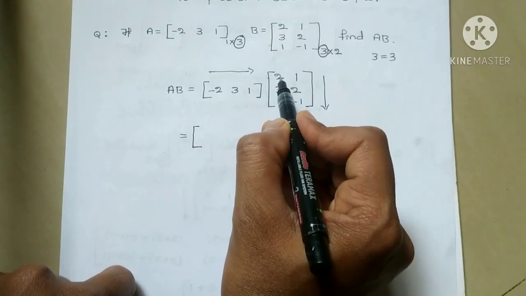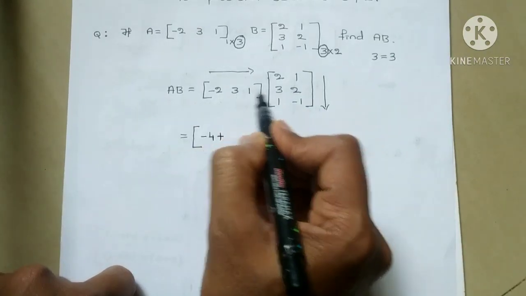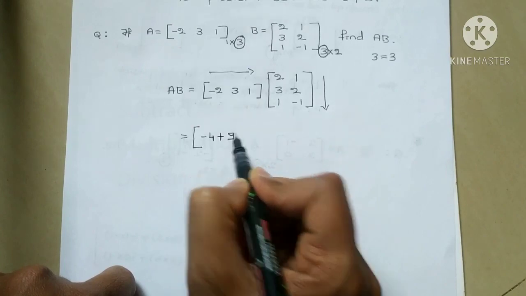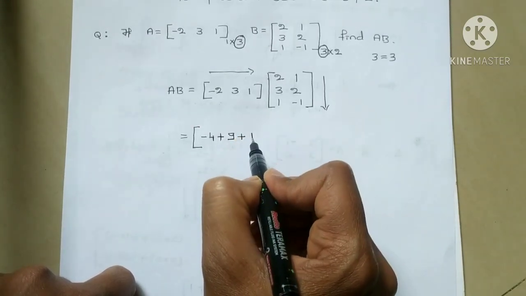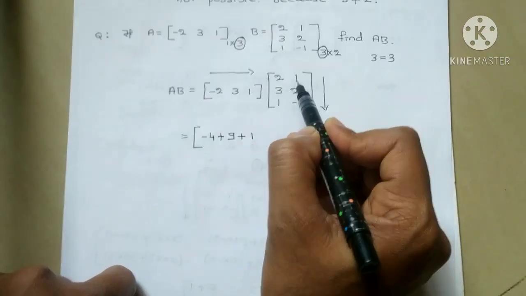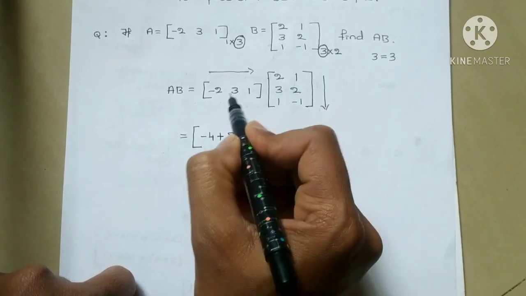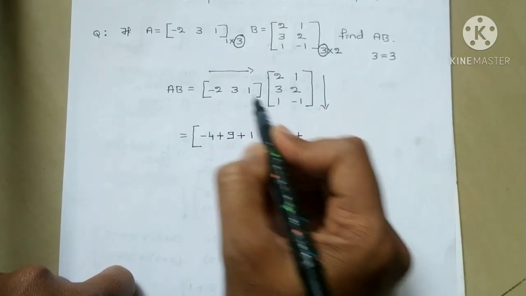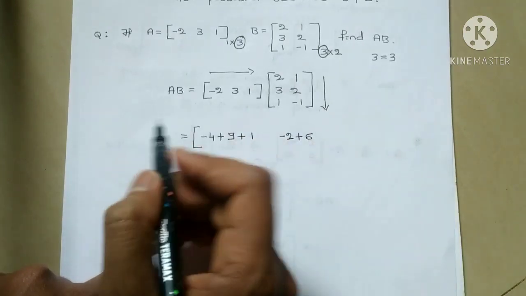So -2 into 2, -4, plus 3 into 3, 9. Next, plus 1 into 1 is 1. So first row, first column is over. Next, first row, second column. -2 into 1, -2, plus 3 into 2, 6.